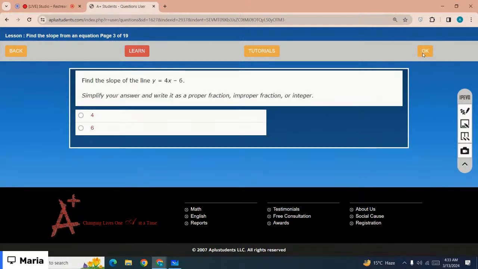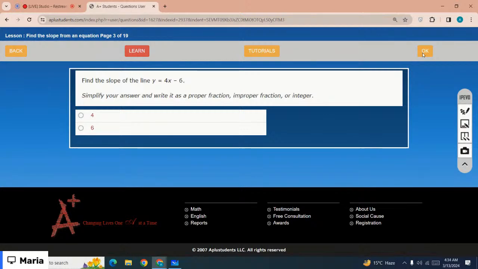Okay, the next one is find the slope of the line y equals 4x minus 6. So, which is the slope of the line? Yes, the slope is 4, right? The one with the variable x is the slope.